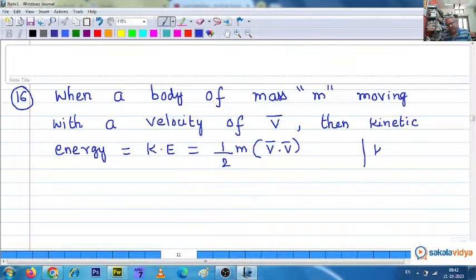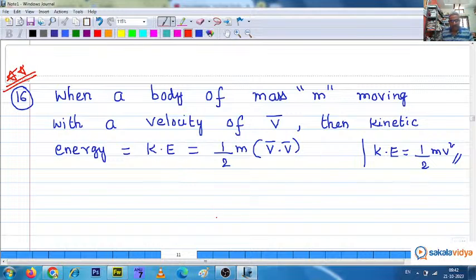Generally the kinetic energy is given by half m v square. Is it clear? This is also very, very important. For kinetic energy you need to apply the dot product on the same v bar itself.